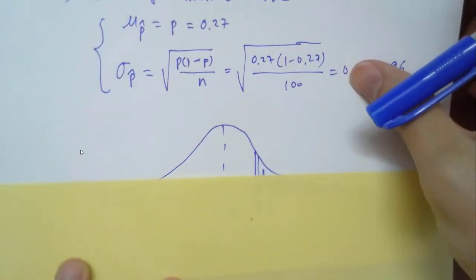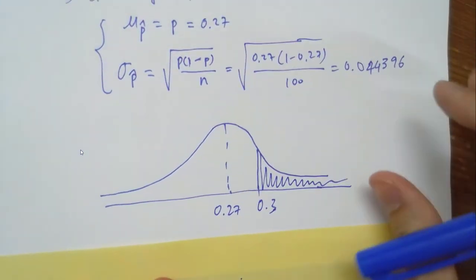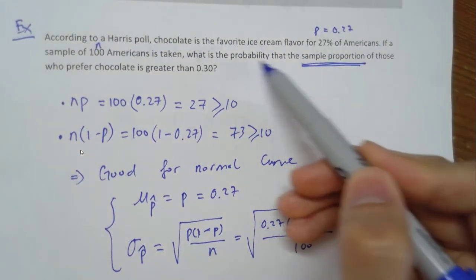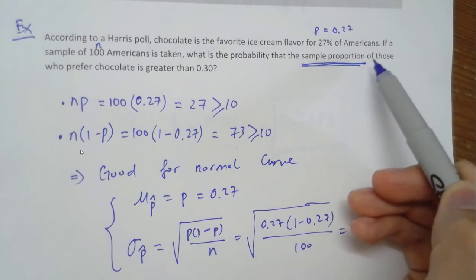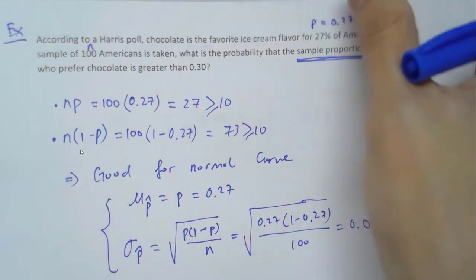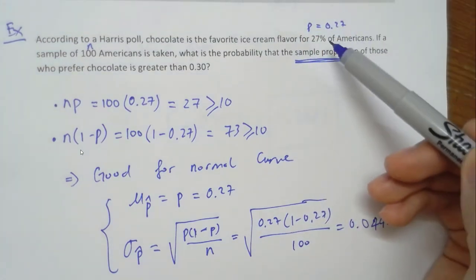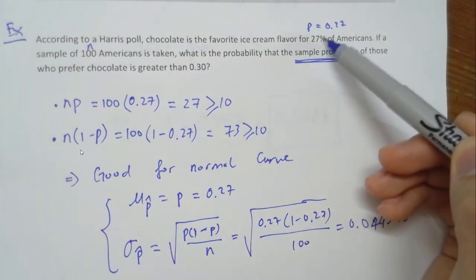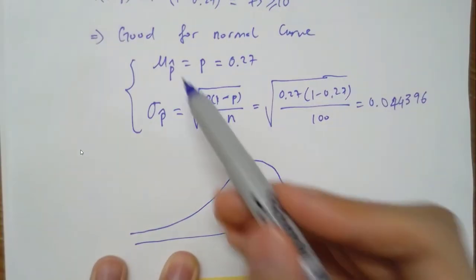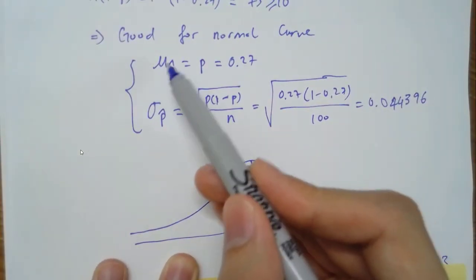And next, we are asked what is the probability that the sample proportion who preferred chocolate is bigger than 0.3. So we know that 0.27 is the mean value of the sample proportion.